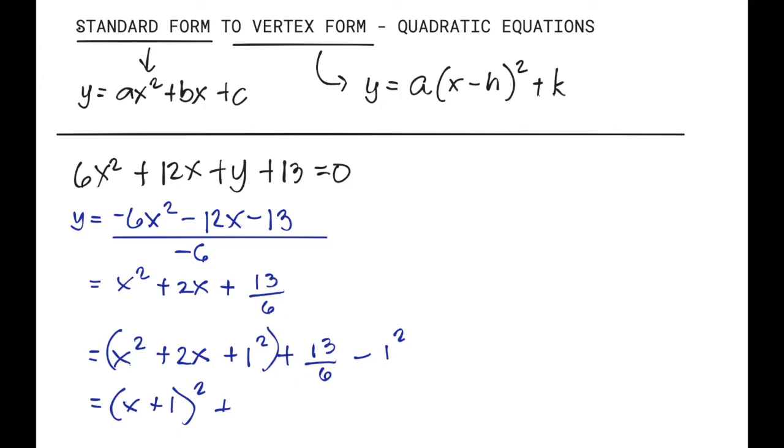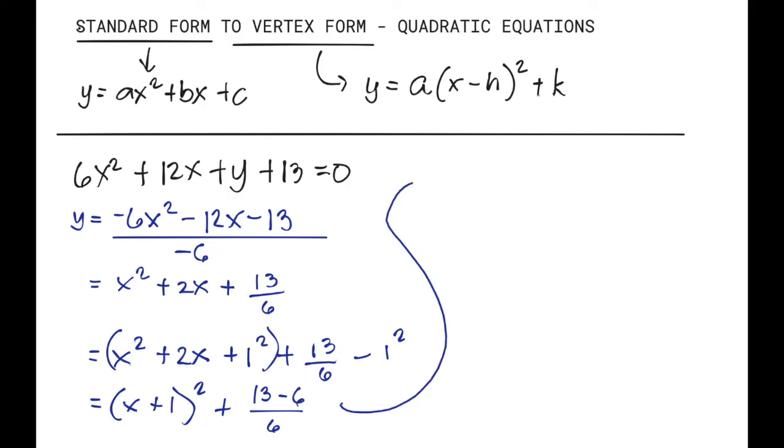So we will have plus 6 divided by 6 is 1, times 13, we have 13, minus 6 divided by 1, because 1 squared has an imaginary 1 here, that's 6, times 1, because 1 squared is just 1, then that is 6.